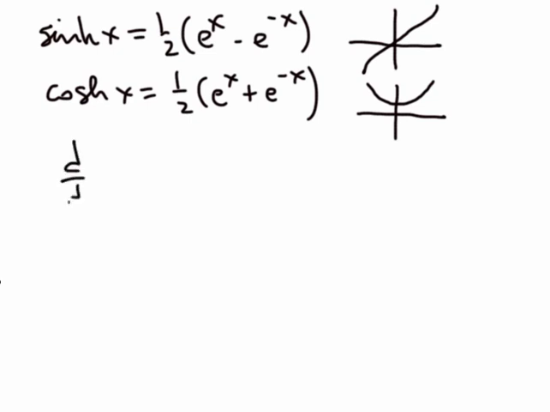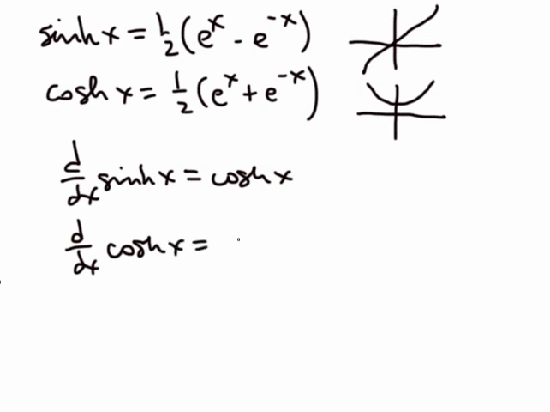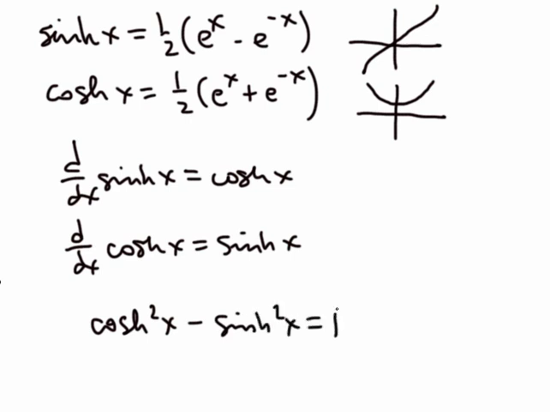You should also remember that the derivative of sinh is cosh, and the derivative of cosh is sinh. And it would be good to remember that last identity that I told you about here, that cosh squared minus sinh squared equals 1.